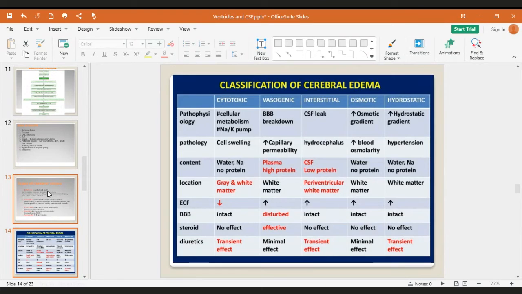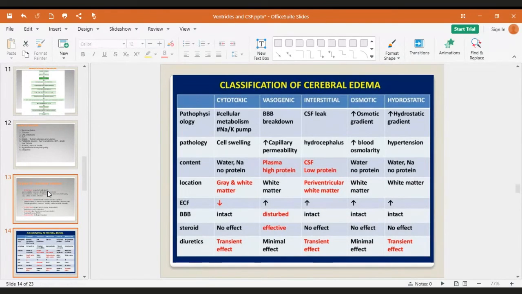In hydrostatic, there is also water and sodium, with no increase in protein. As for location, cytotoxic edema affects both gray and white matter. Vasogenic edema mainly affects white matter, while interstitial edema affects periventricular white matter due to CSF leakage. In osmotic cerebral edema, white matter is affected, and in hydrostatic, mainly white matter is affected.